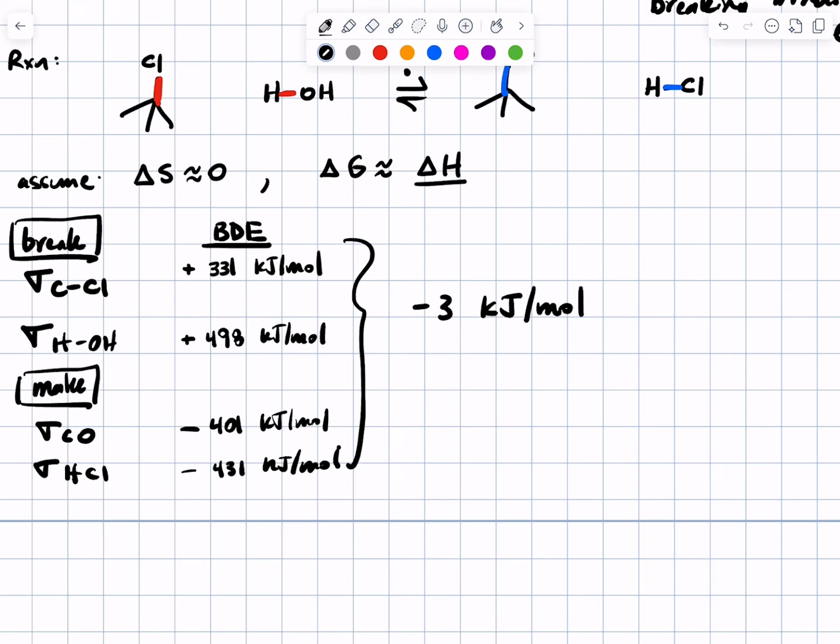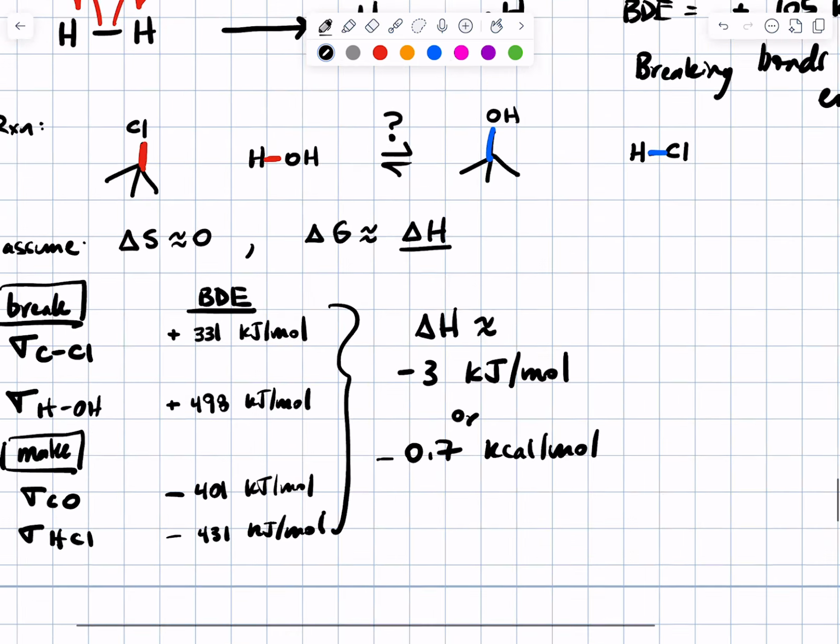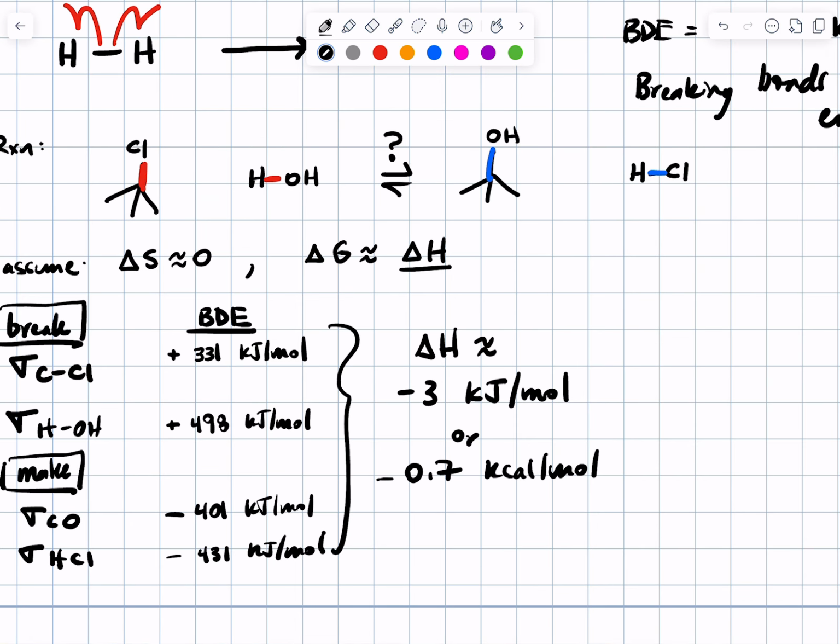Divided by 4.184, or about 0.7 kilocalories per mole. So it's not hugely downhill. The change in enthalpy for this reaction, and therefore the change in delta G, is pretty close to 0 kilocalories per mole, but it's favorable in the forward direction.